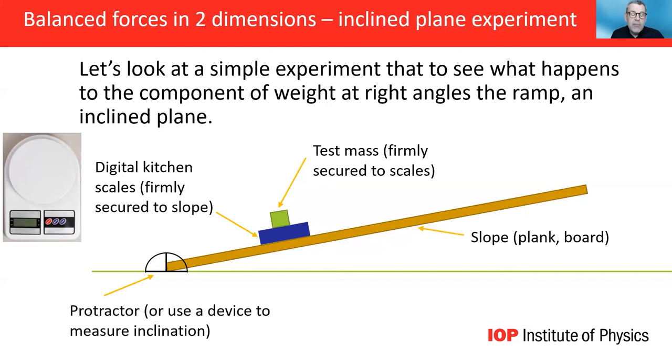You also need some way of measuring the angle of the slope. You might just want to go for a protractor, or you could use something like the Firefox app on a mobile phone, which allows you to measure inclination. So I'm going to hand over now to my colleague Daisy Fox, who's going to show you this experiment in action.